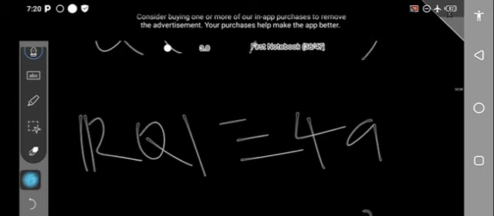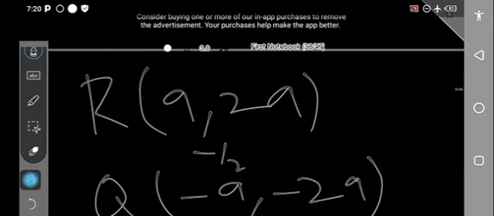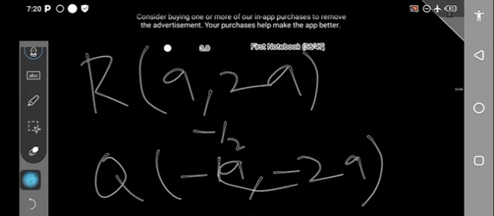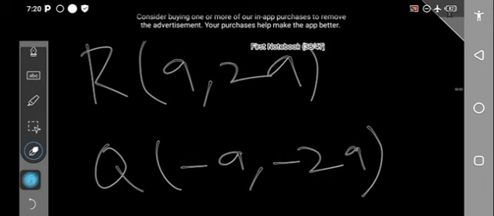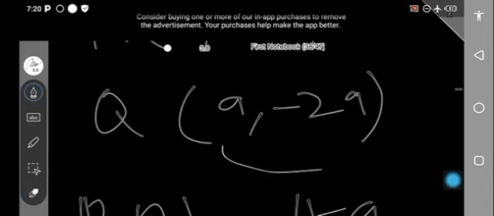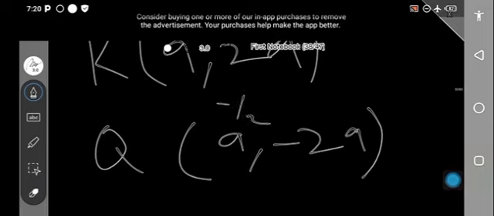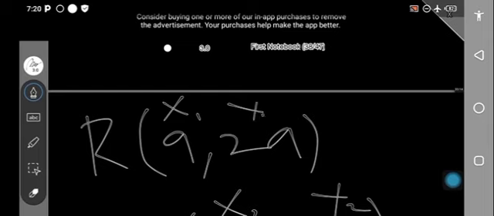So from this, this is (x2, y2), and this is (x1, y1).